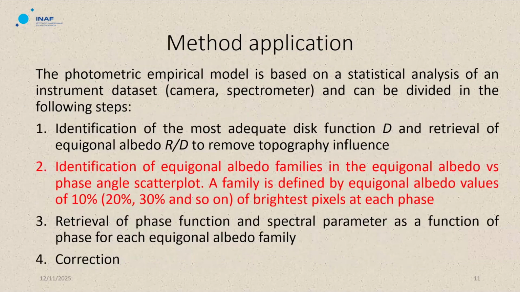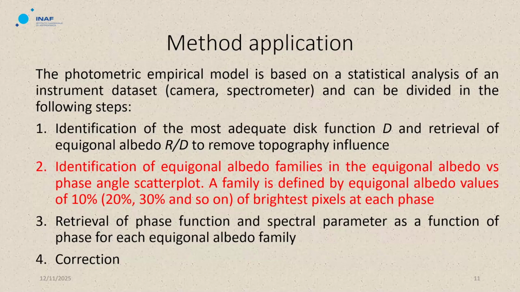The second step is to identify equigonal albedo families. So we now have the equigonal albedo. We removed the effect of incidence and emission, and we retrieve for each phase angle some values of equigonal albedo, which identify equigonal albedo families.